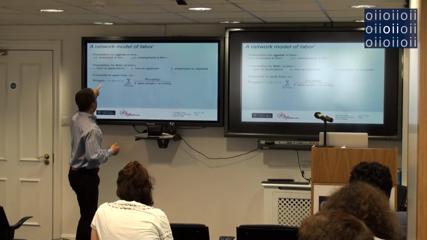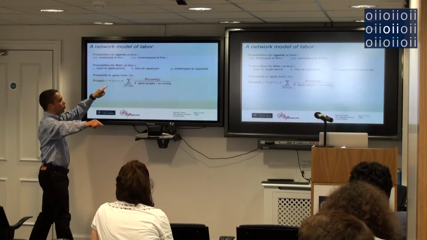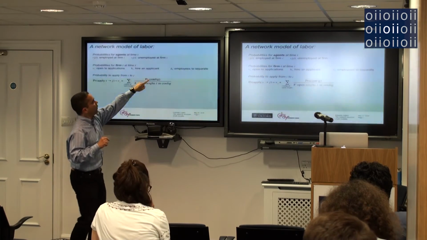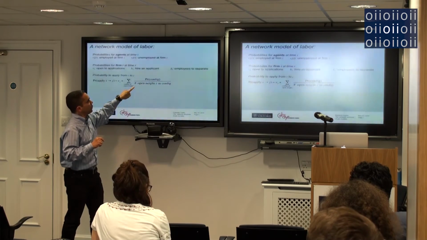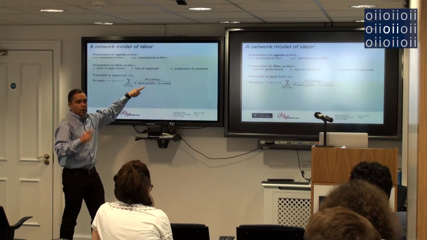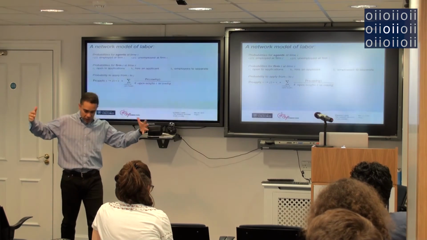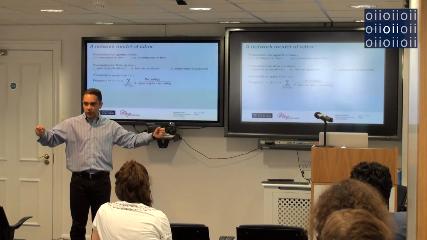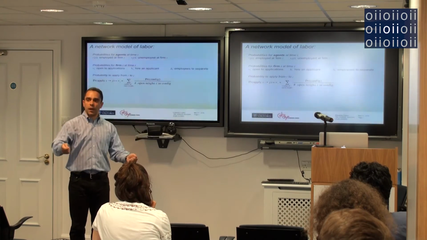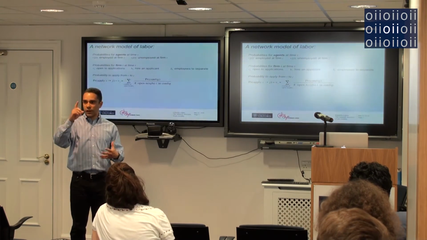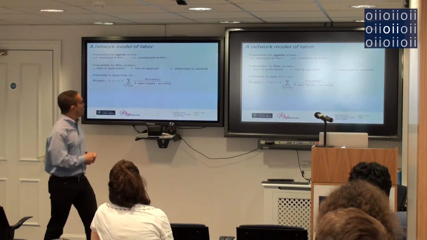So the probability that they will apply from I to J for a job also depends on the possible configurations around them, and then one of the firms that is open is chosen at random. So if I have 10 firms that are connected in the network, and at some time step 5 of them are open, I will pick one of them with a chance of 1 in 5. Okay?